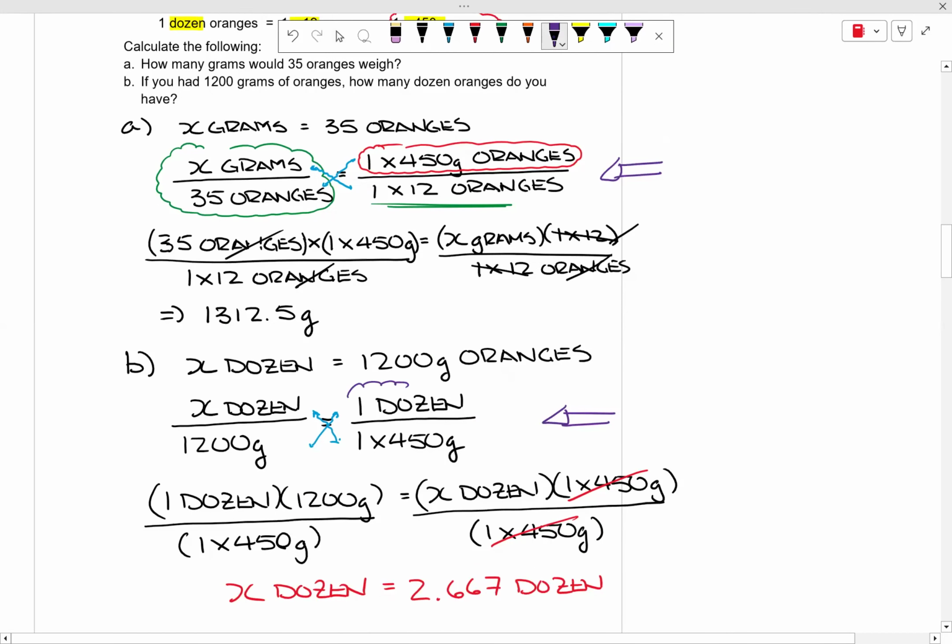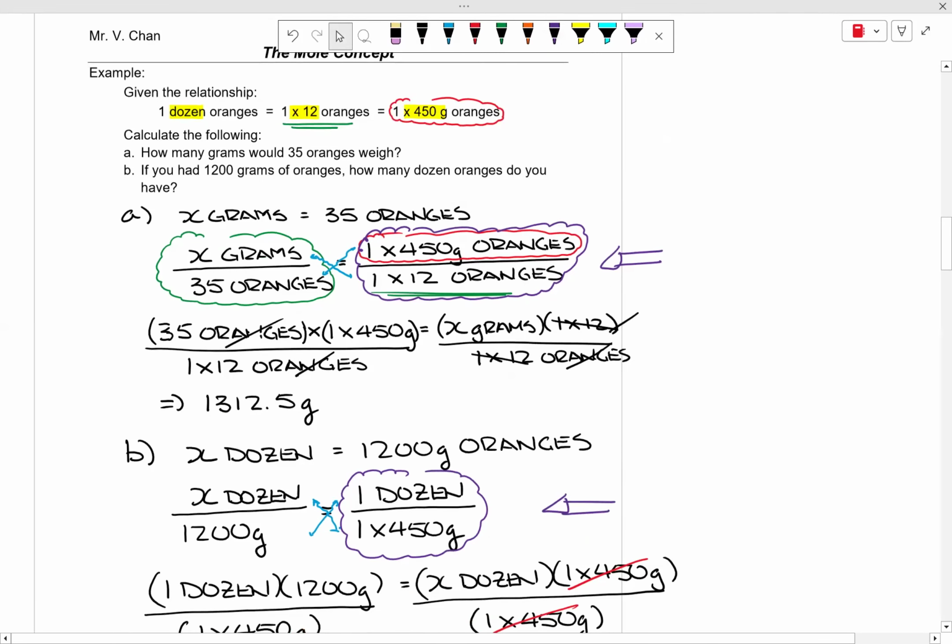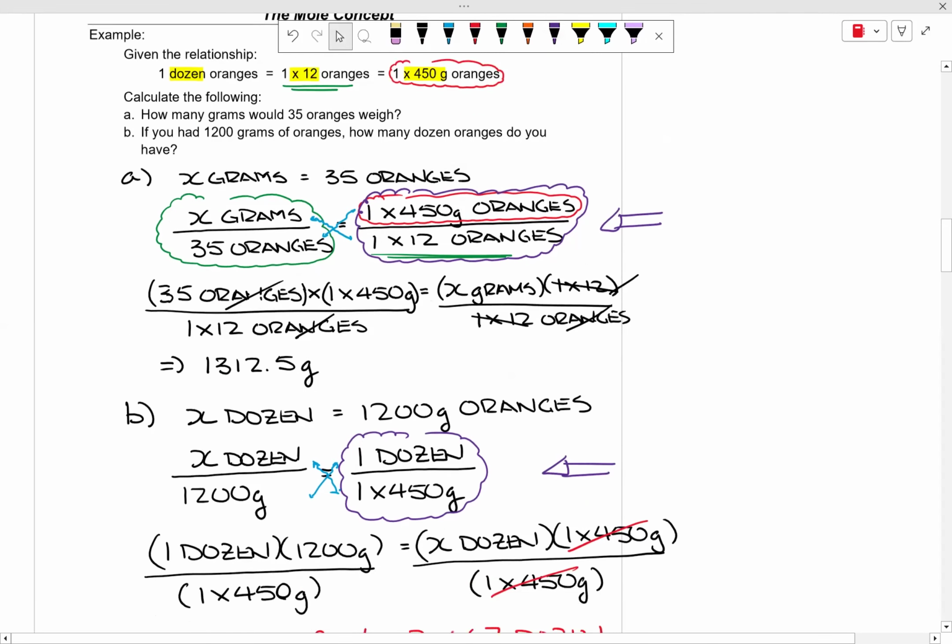Notice in this case, I used a different dozen. I used 1 dozen and 1 times 450 grams. In this case up here, notice I used 1 times 450 grams and 1 times 12. It all depends on what I am given in the question.